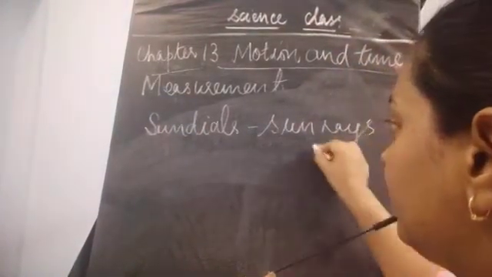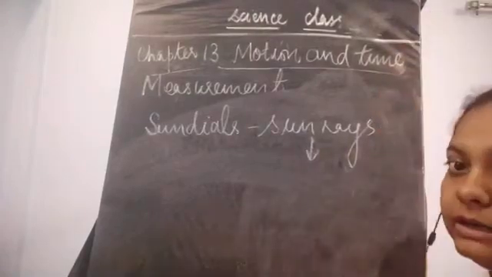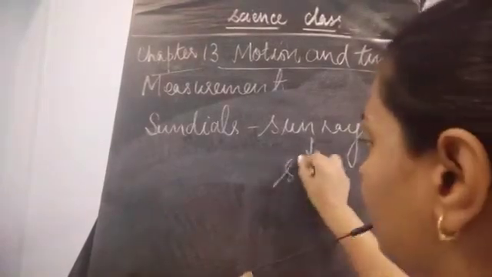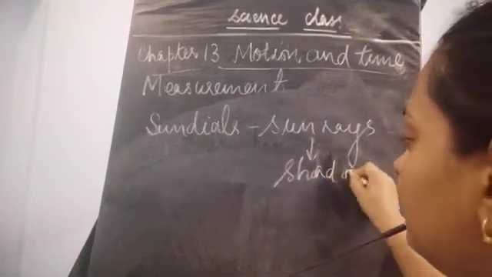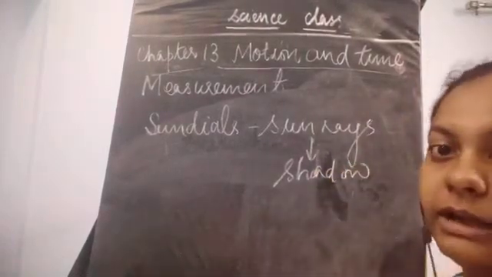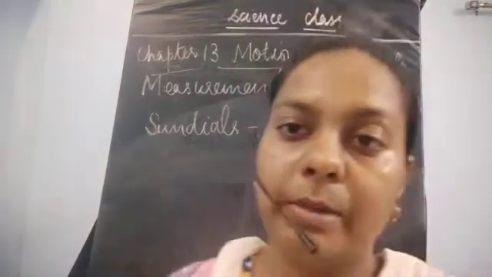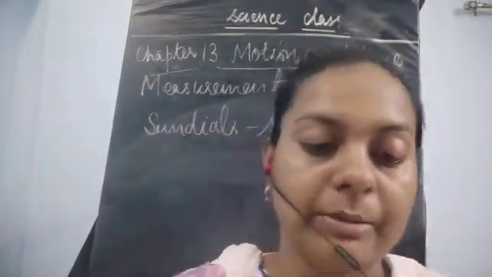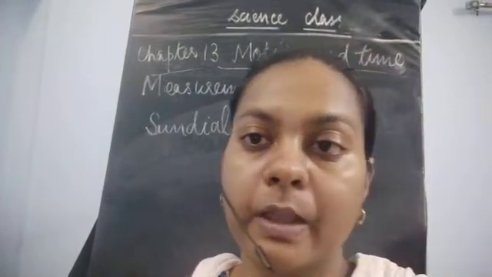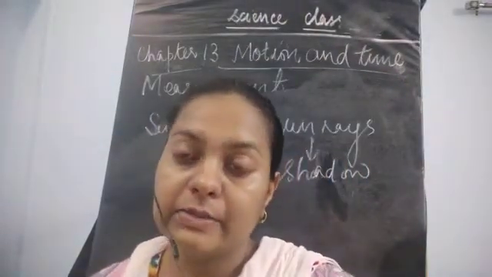Because of the sun rays, whenever they fall on the sundial, it forms a shadow. Using the shadow, we could measure the time, and it is very accurate.